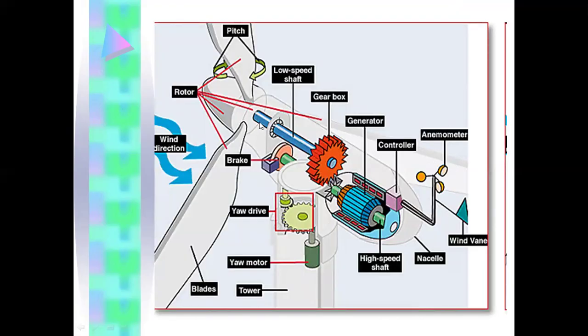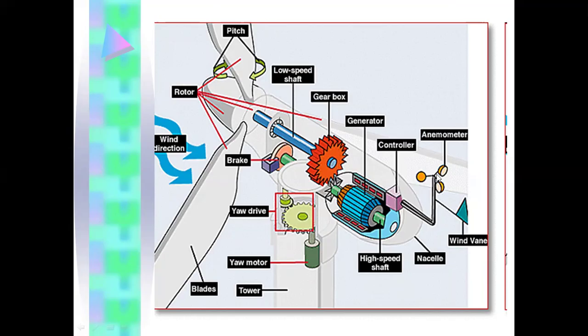Similarly, that is further explained. These are the blades, and it is a low speed shaft, and it is a brake. Sometimes it can be used if air velocity is increased, and it is a gearbox, and it is a generator, and it is a controller. Controller is also installed.